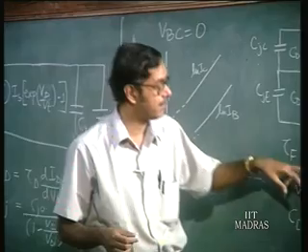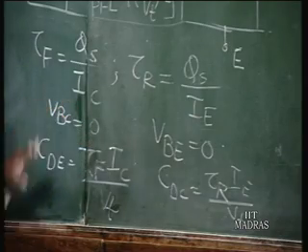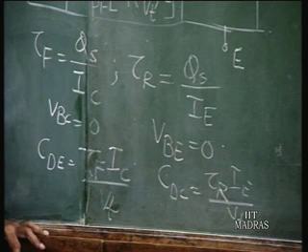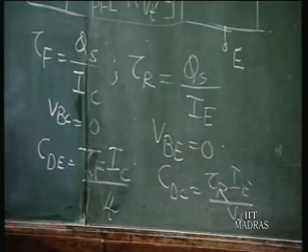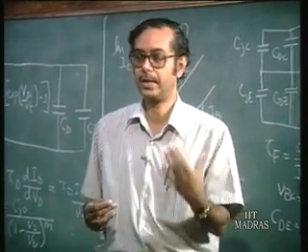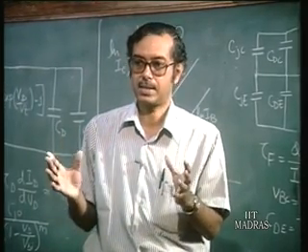So these again can be extracted. The tau f and tau r can be extracted from the transient analysis. We shall take up the BJT transient analysis later on. I just wanted to tell you how the model parameters are extracted.